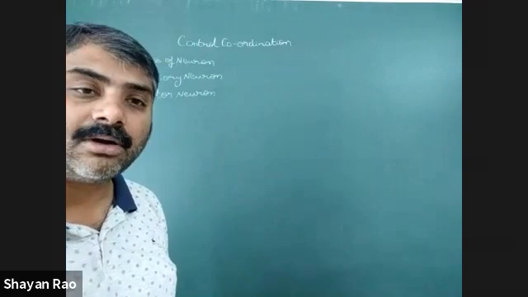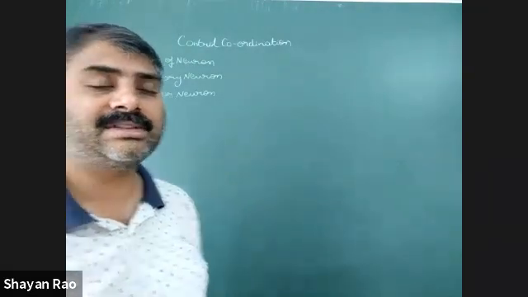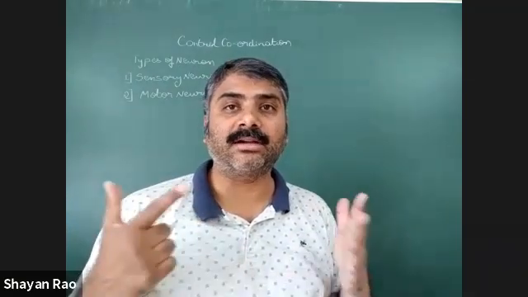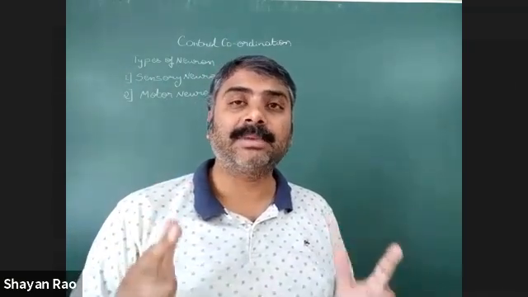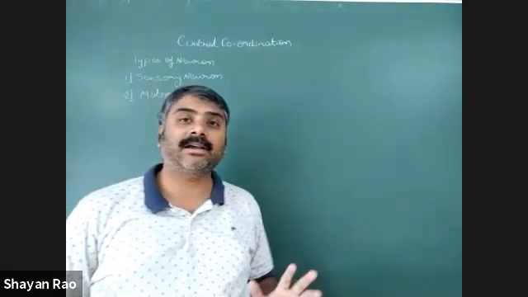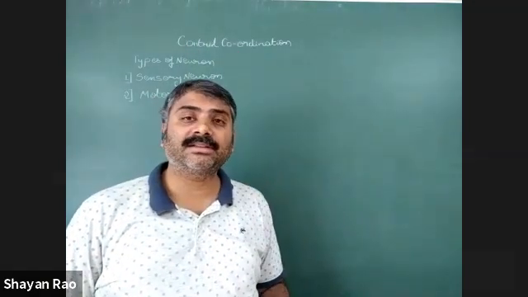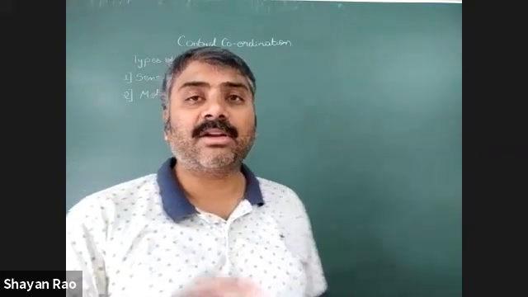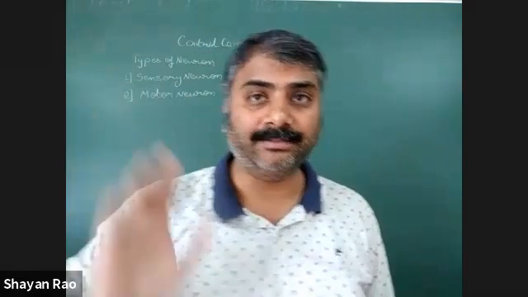So receptors are all your sense organs. Sense organs can be skin, eyes, ears, nose, tongue. These are receptors. Receptors are the sense organs. Then when we say effectors, all the effectors are considered to be your muscles.